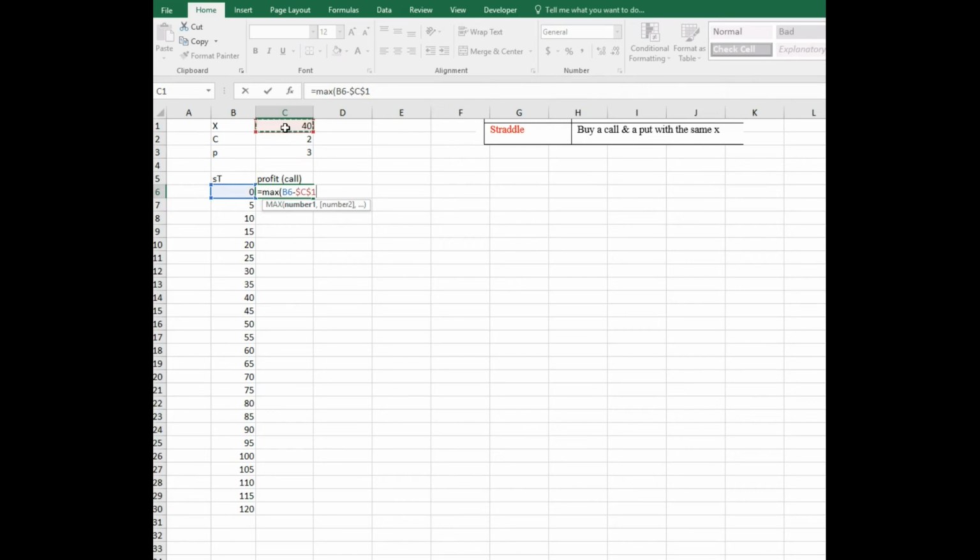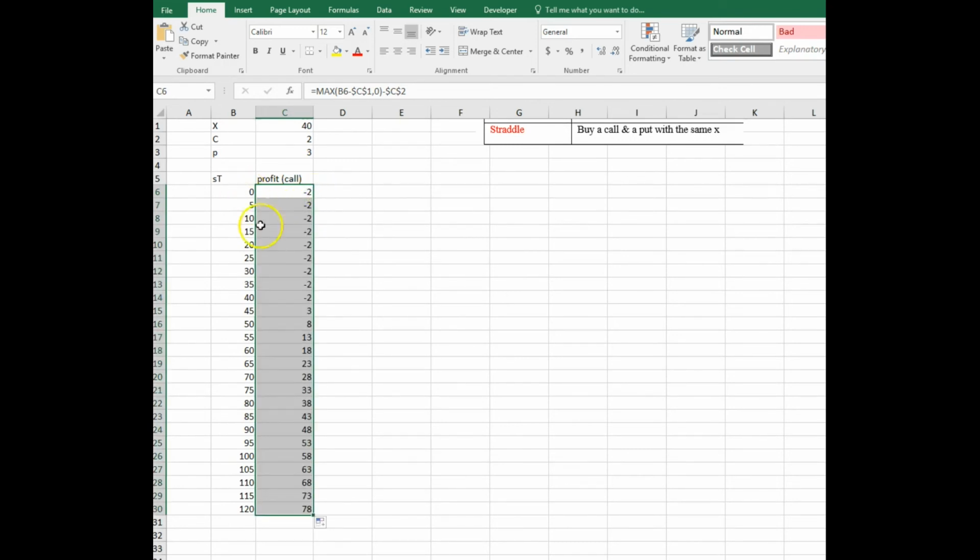Hit F4 key to lock it, comma 0, minus premium. Again, F4 to lock the cell. When we do not exercise, we lose the $2 initial investment when stock price is 0. So this is profit loss for the call.